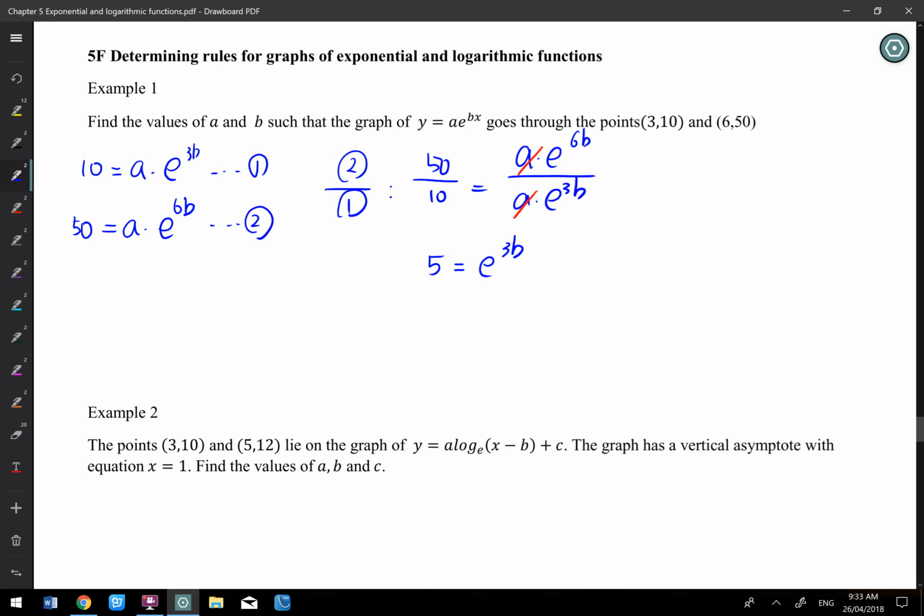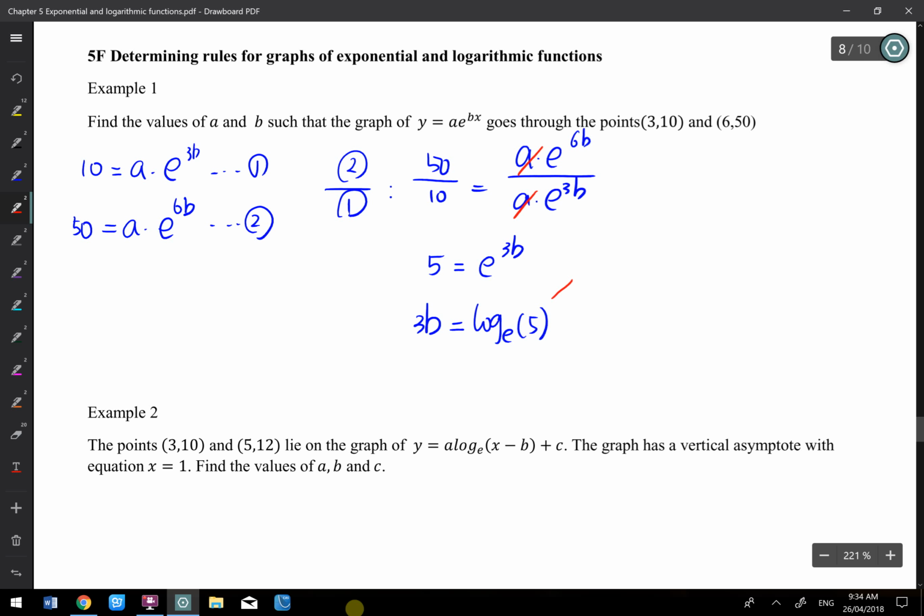Solving for exponential, that's what we learned last lesson. Both sides can't be the same base. 5 and e can't become the same base. So we use log to solve for it. Because we solve for the power, we use log e 5. For log base e, what's the other notation? On your calculator, it's ln.